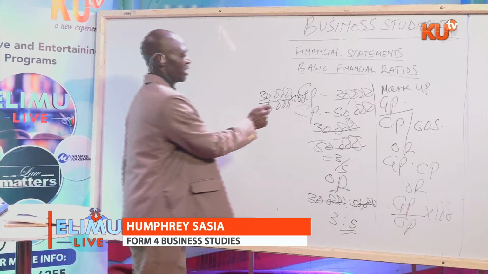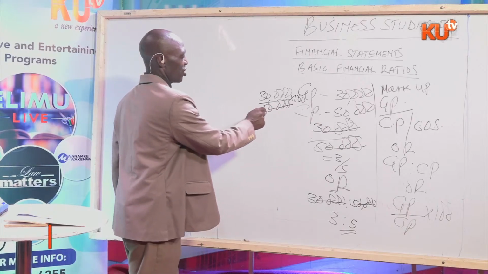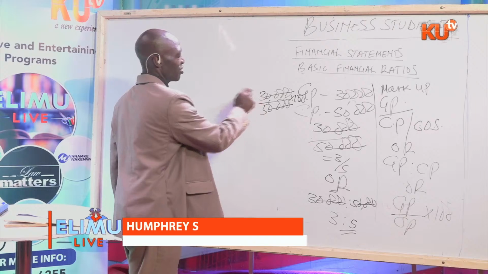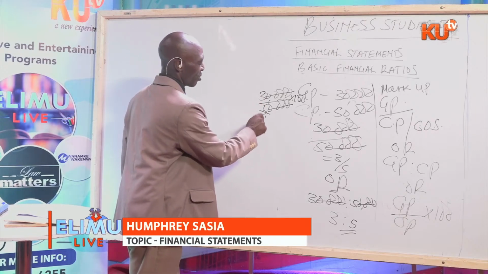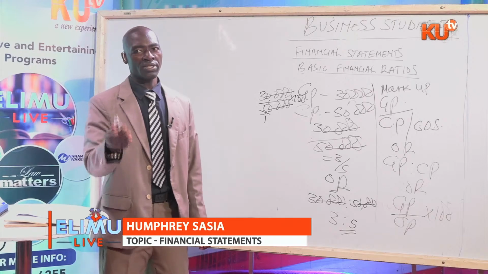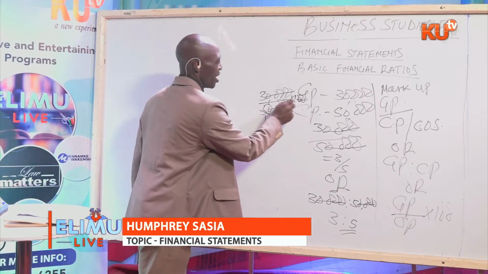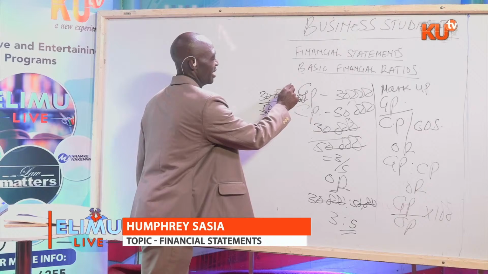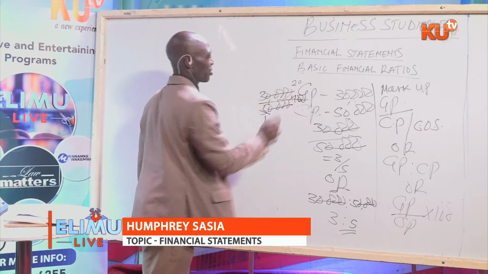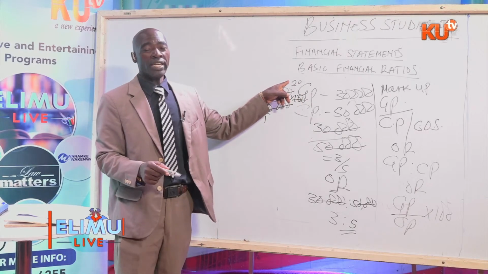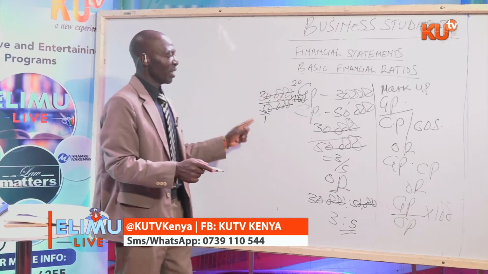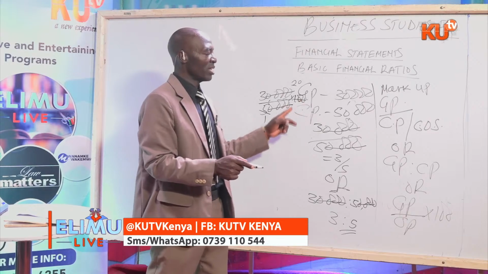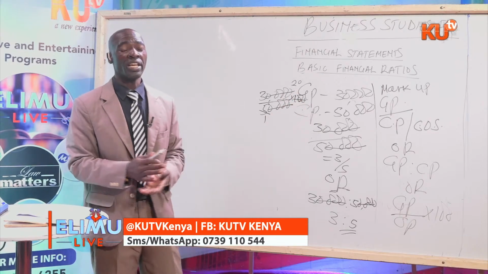So if we get this crossed with this one, it cancels. So to get the percentage here, this is 30,000 divided by 50,000 times 100.